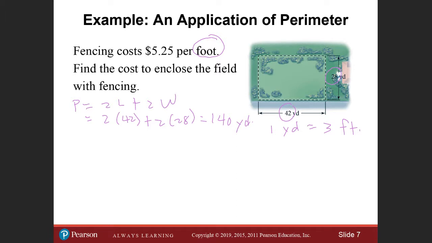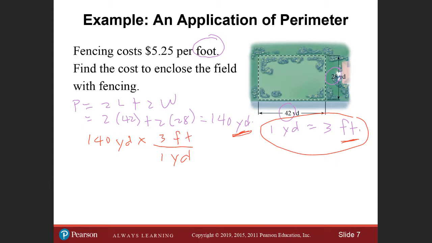After having that, since we're using yards here, we have to change yards into feet. So we have 140 yards, and we multiply this by the conversion. The bottom should be in yards so we can cancel that out, and you have 3 feet on the top.